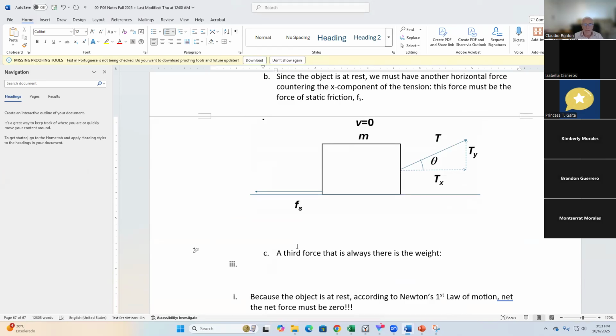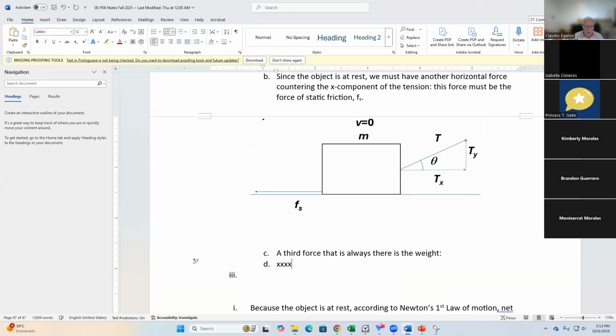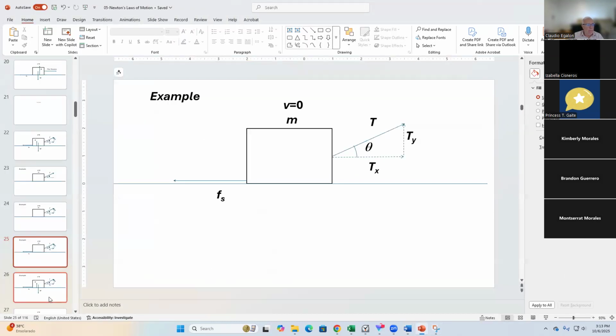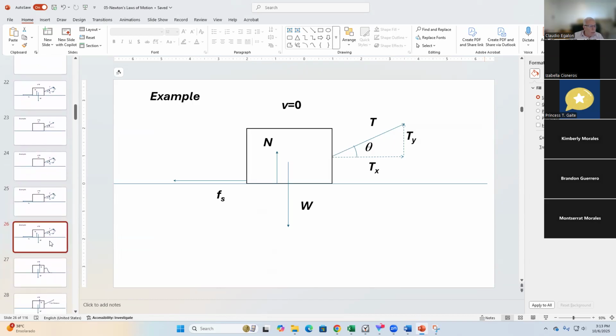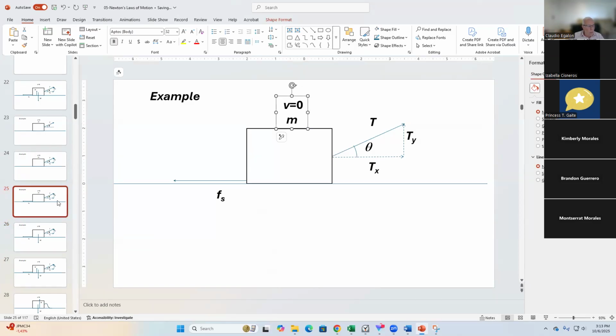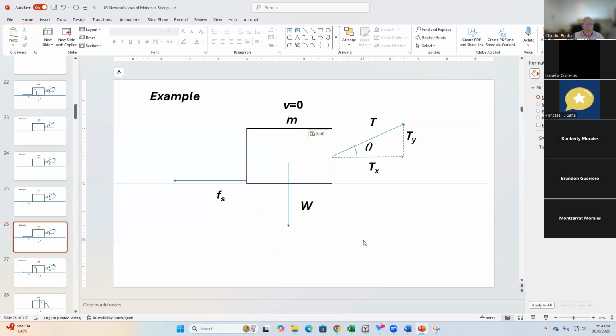I'm going to illustrate this third force. Here you go, the weight.